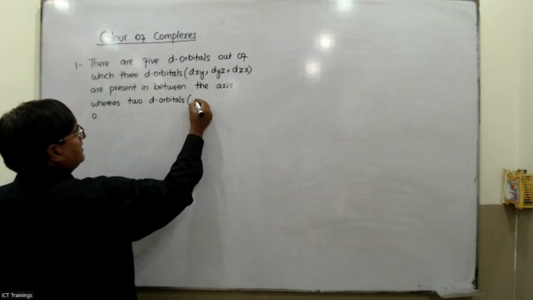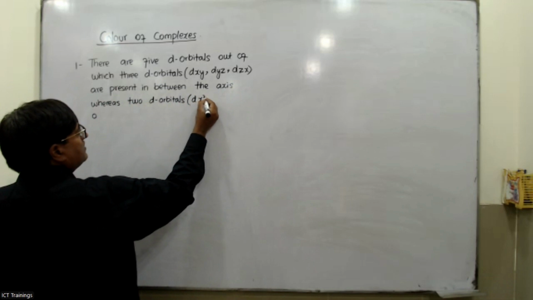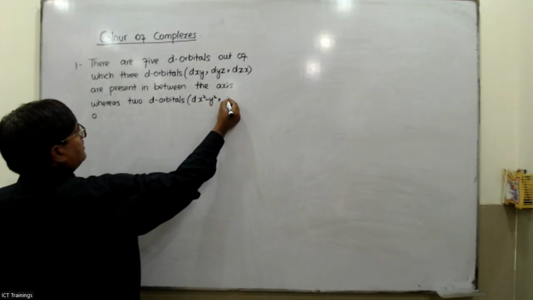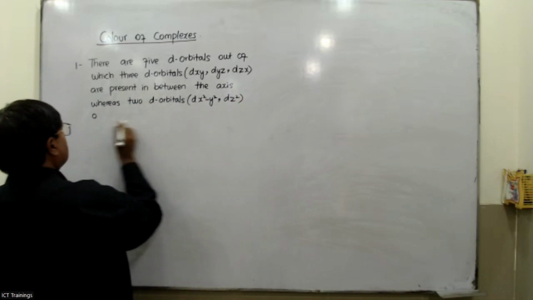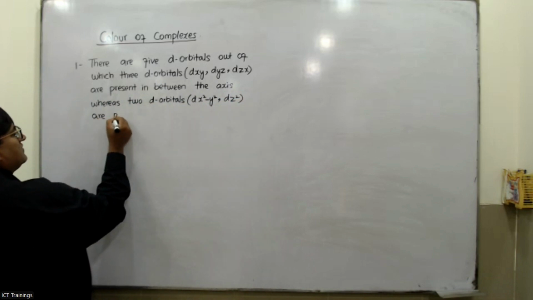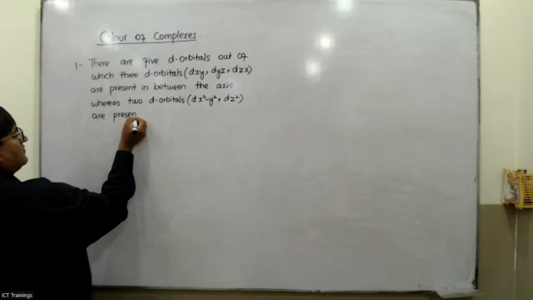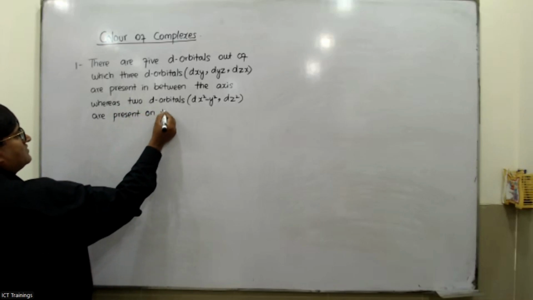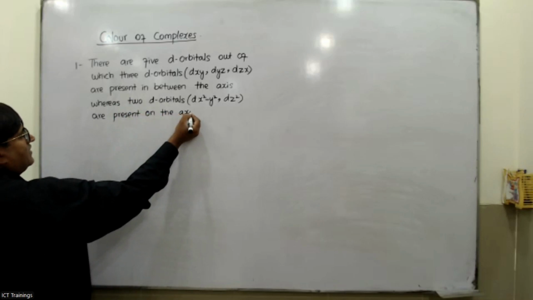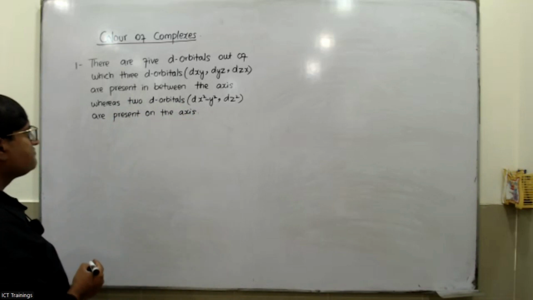So you just write down the names: dx square minus y square and dz square are present on the axis. Okay, so this is the first point.